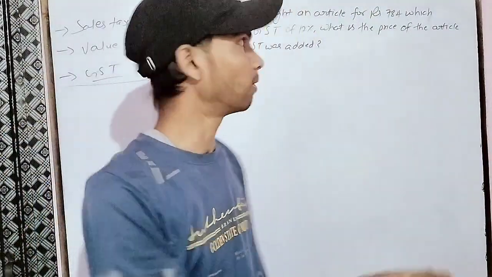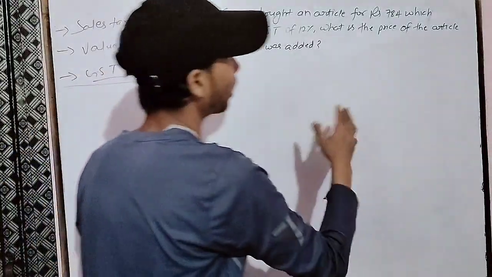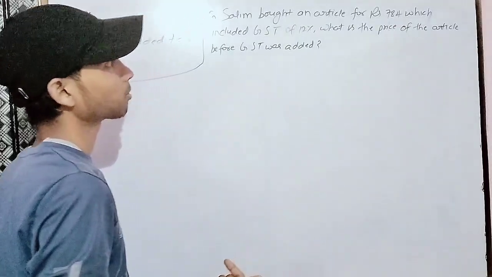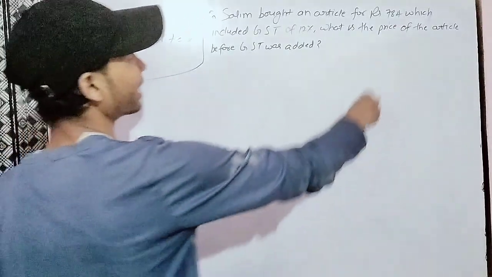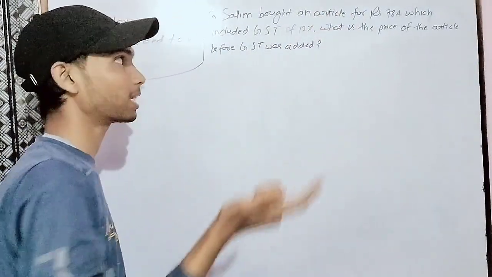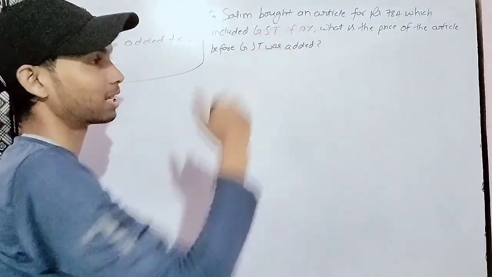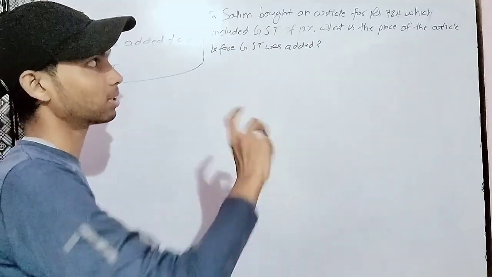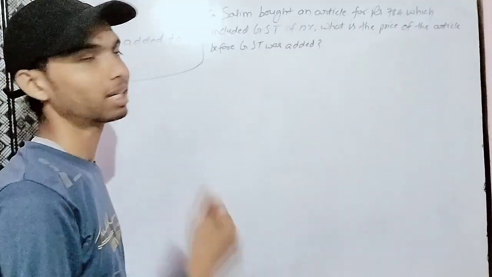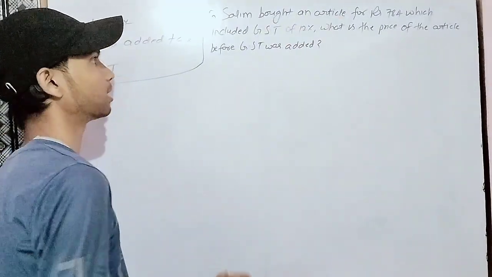That's why we are calling it sale taxes. If tax was not included in this price, then we say that this is a selling price. But this next line is saying that 12% GST was included in the price of 784. That's why we are saying that 784 is sale tax.